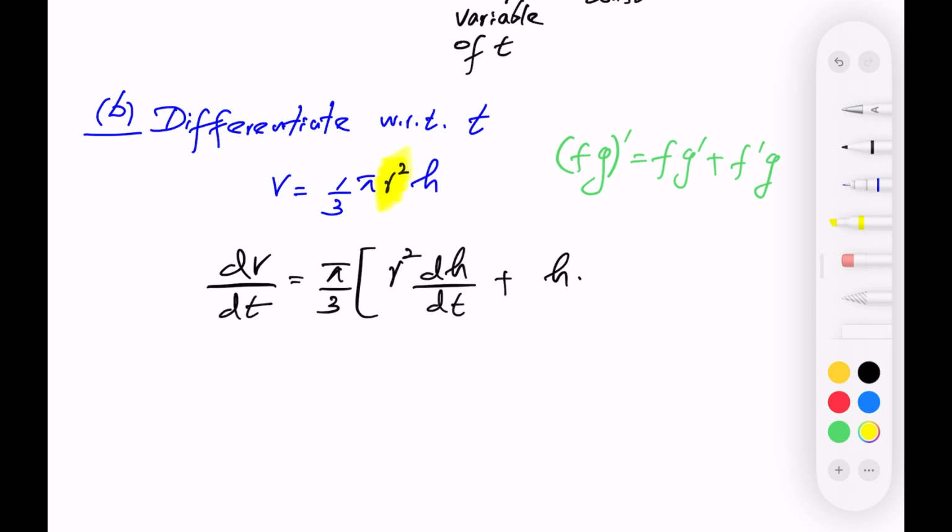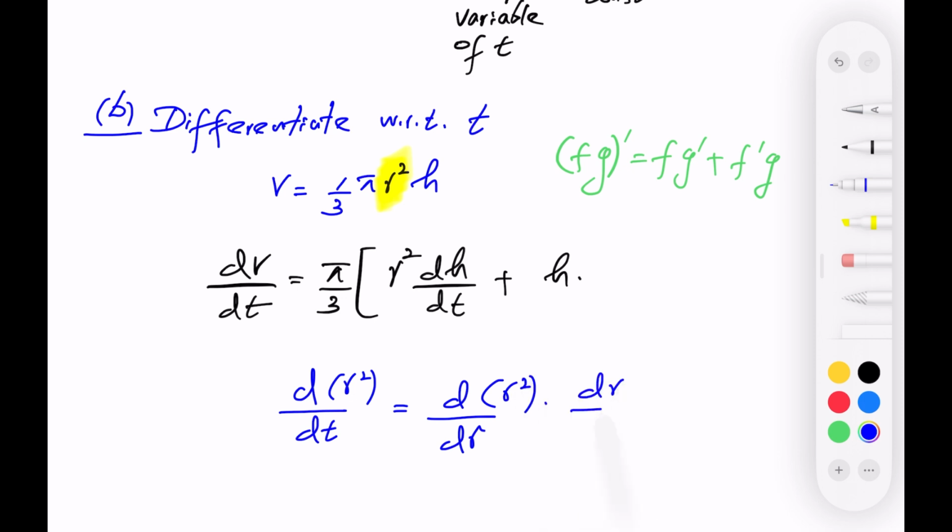How do you differentiate r squared with respect to time t? Basically, what I need is d by dt of r squared. This is where we are going to use implicit differentiation, or in other words, simply the chain rule. We can first differentiate that r squared with respect to r itself, and then we will need to multiply that by dr by dt.